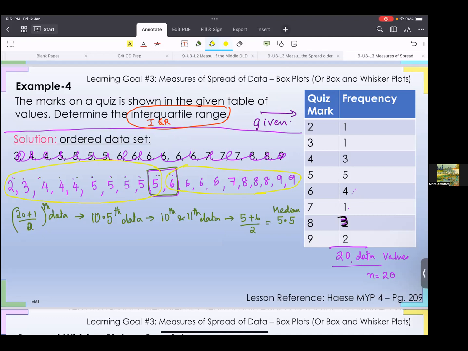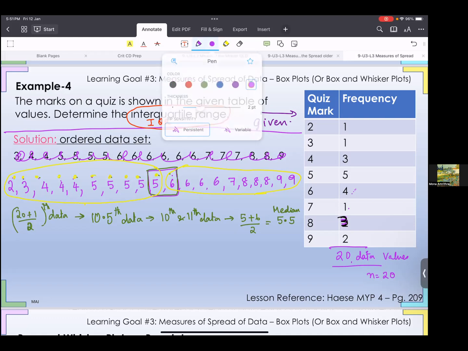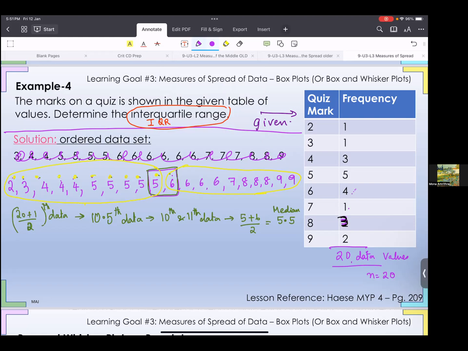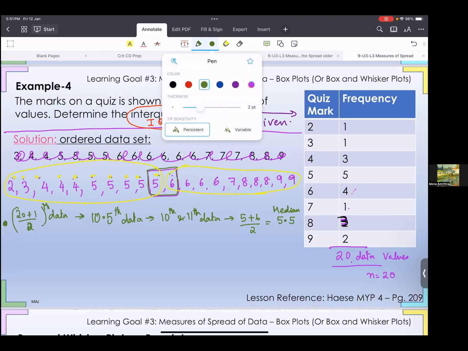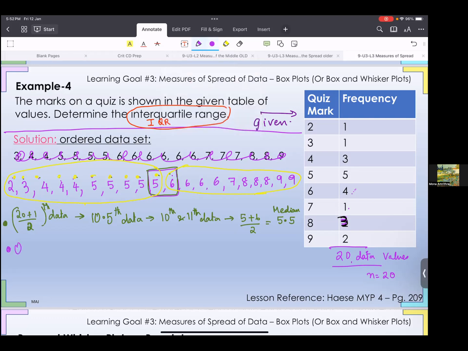So for the first quartile, how many data points do we have? 1, 2, 3, 4, 5, 6, 7, 8, 9, 10 values. So for the lower quartile, Q1, we have 10 data values, 10 plus 1 divided by 2.